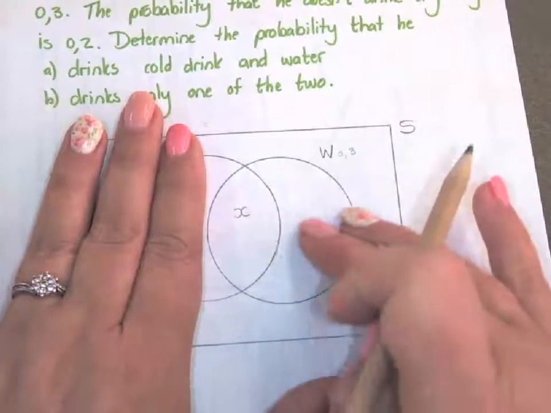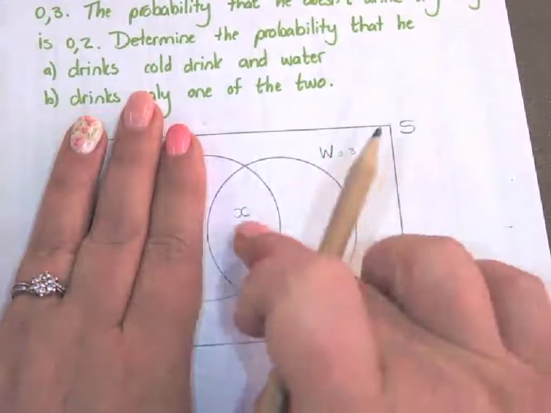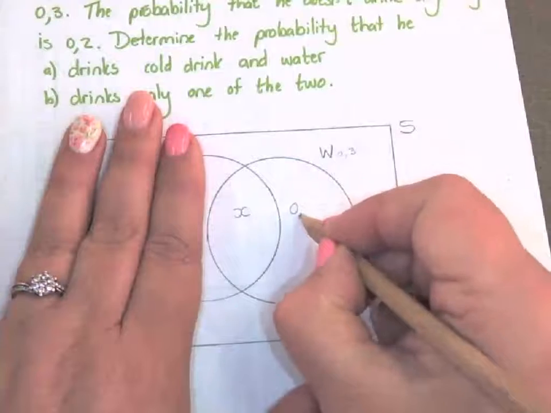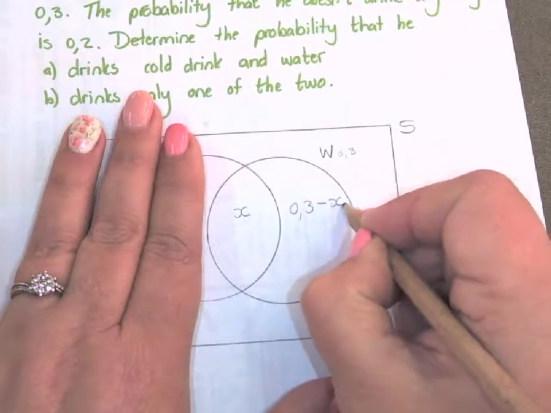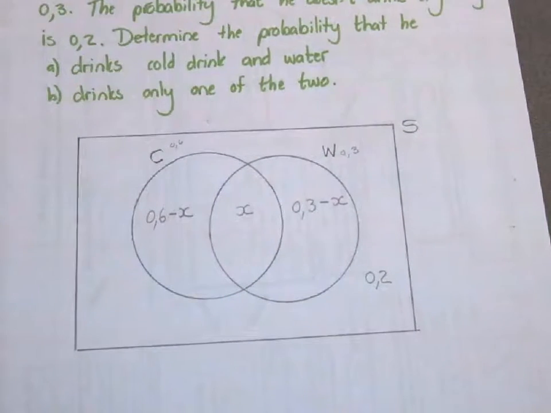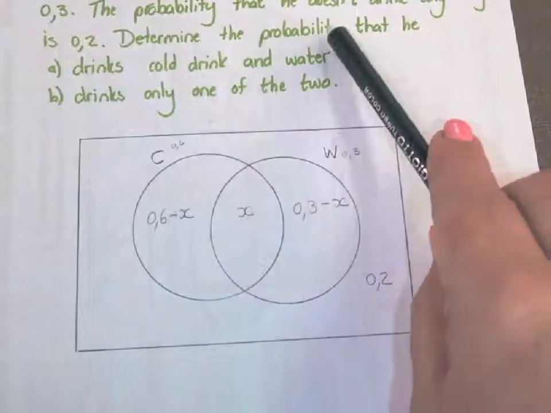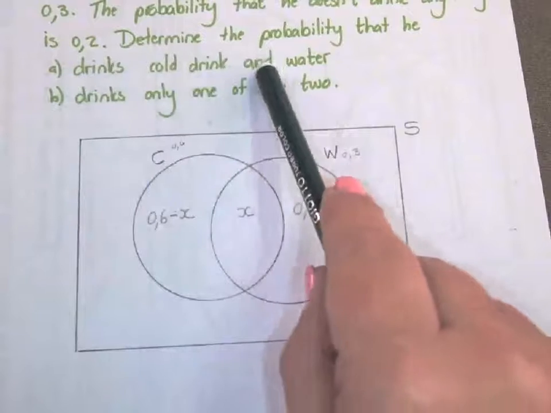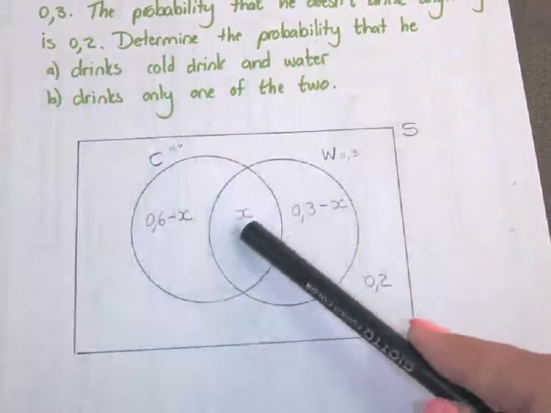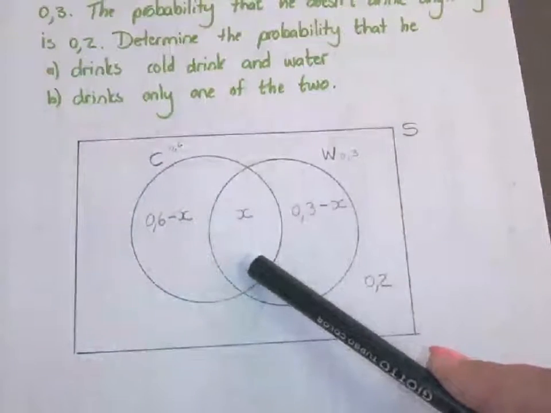So this part will be 0,3 minus x. Now they ask, determine the probability that he drinks cold drink and water. So we're looking for the value of x.